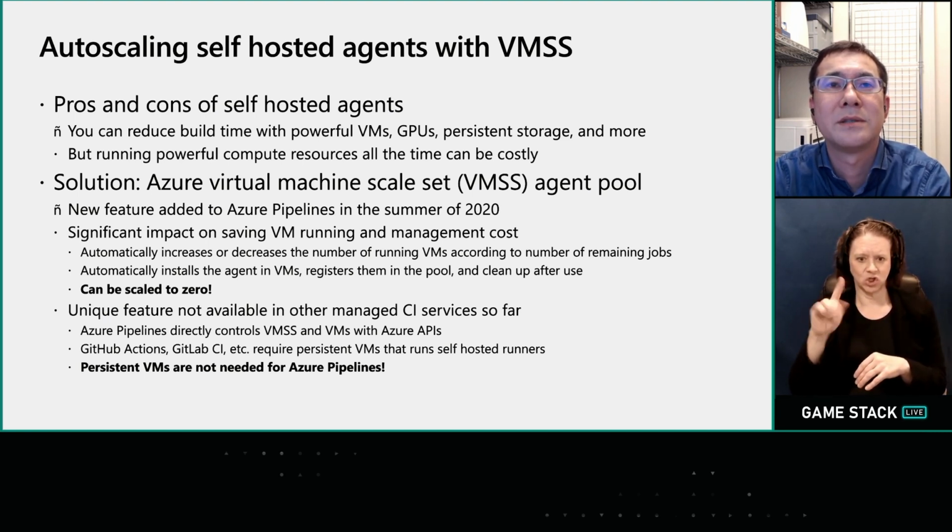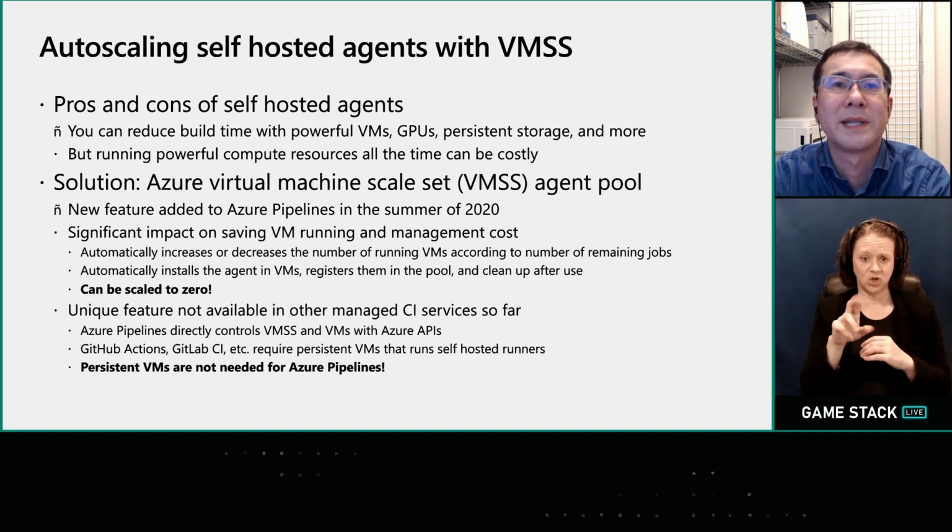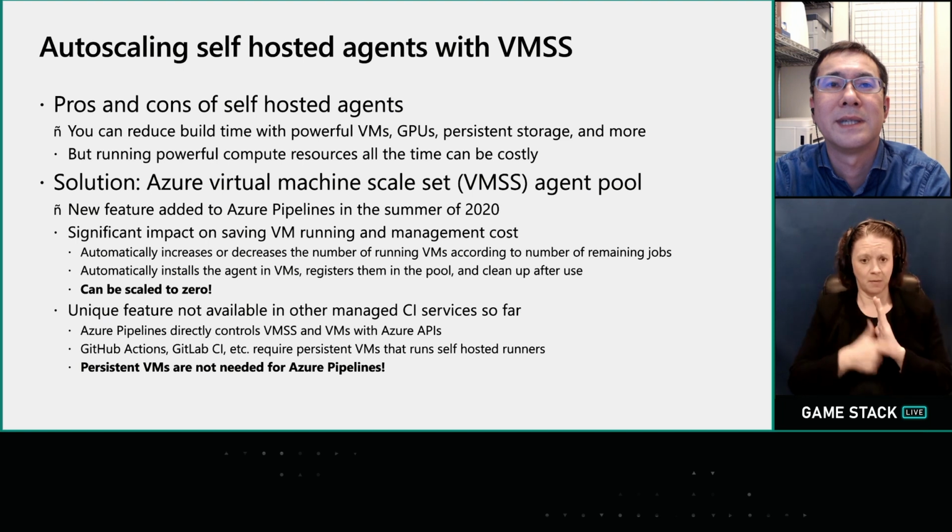It's a new Azure pipeline feature added last summer. It can automatically scale the number of running virtual machines according to the number of jobs remaining in the queue. It can also automatically initialize new virtual machines, register them in the pool to make them ready, and clean up after use.